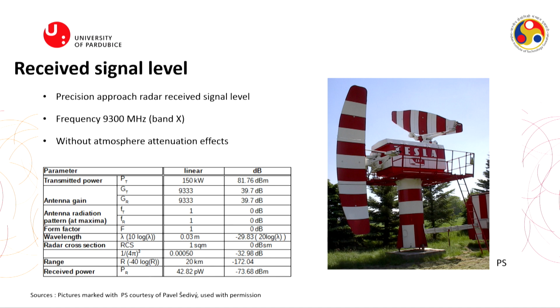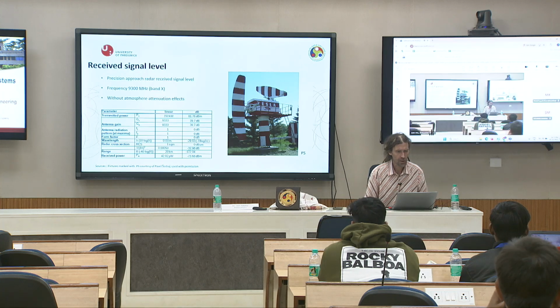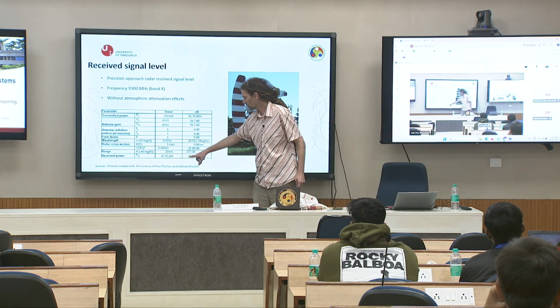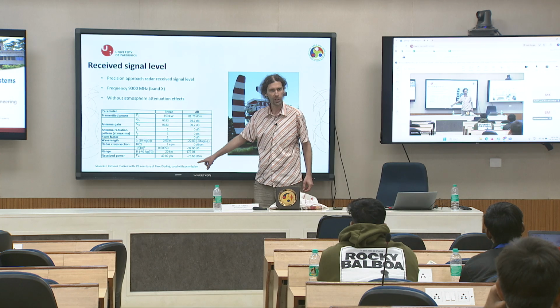Antenna gain is about 40 dB. The antenna radiation pattern maximum is 1. Form factor is 1. Wavelength is 3 centimeters. Radar cross section, estimated at 1 square meter. Range is 20 kilometers. And the received power, if you sum all of this, you will see minus 74 dB.